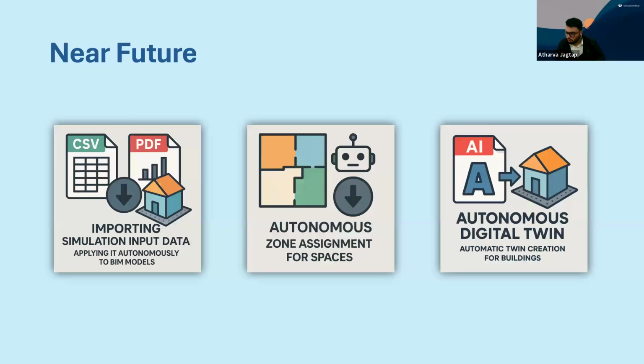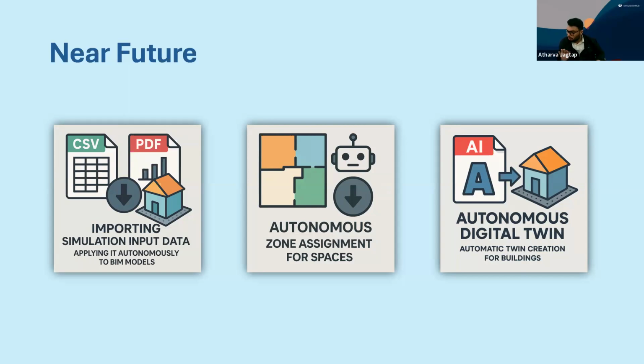So we saw two, three, four examples of how agents are already implemented, and these are the things we are working on autonomously currently, which you will see in some time. So we have PDFs, we have CSVs. I mean, we, HVAC engineers and BIM engineers, all have that data in documents, in Excel sheets and everything.